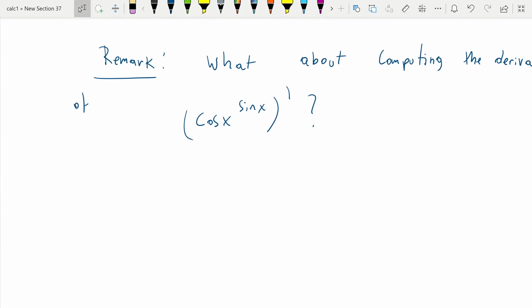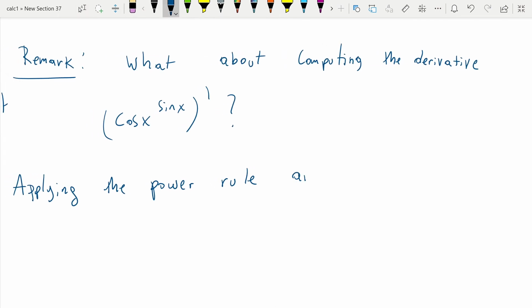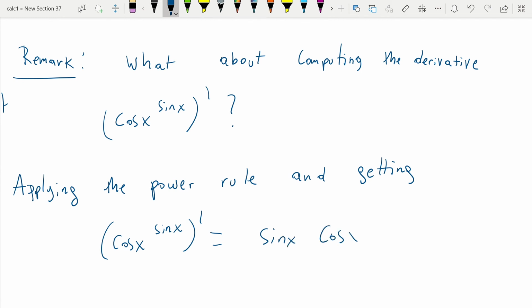Applying the rule and getting: cosine of x to the sine of x, prime, is equal to, well, we bring the exponent down, so there will be sine of x times cosine of x to the sine of x minus 1.